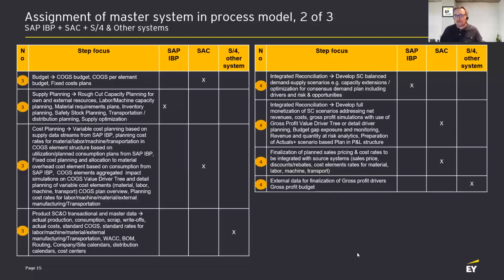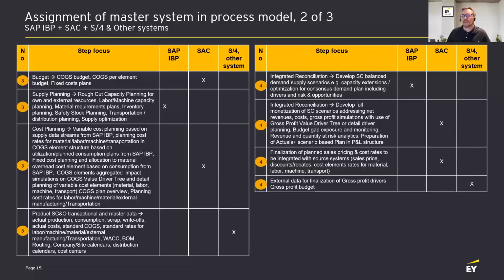In step number 4, as we discussed in previous slides, we discussed the planning of your gross profit. Therefore, you need to consider information from SAP IBP, which is planning your demand planning and supply planning, combining with the cost, combining with the net revenue plans done in SAC.